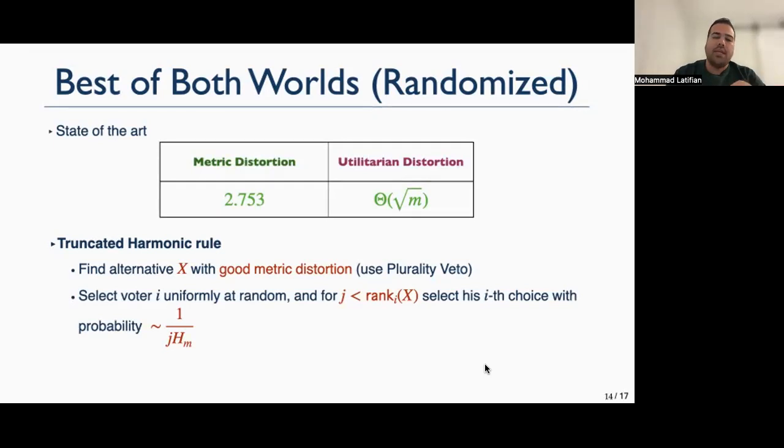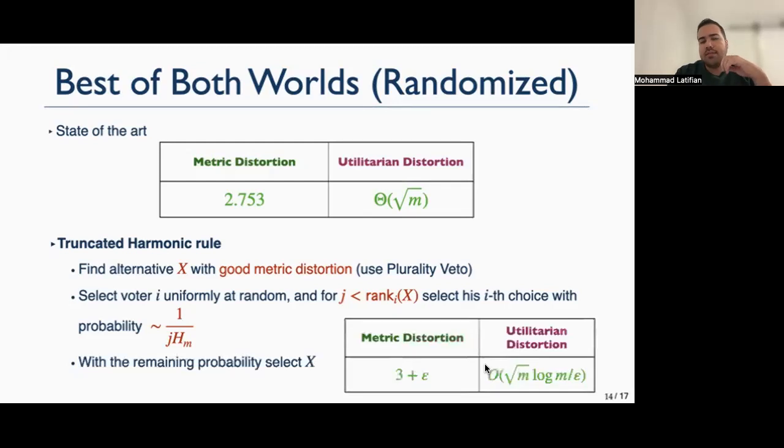And then for the candidates who appear above this one, we give them some probability in proportion to their rank in the ranking. And we give a good portion of the probability to candidate X.